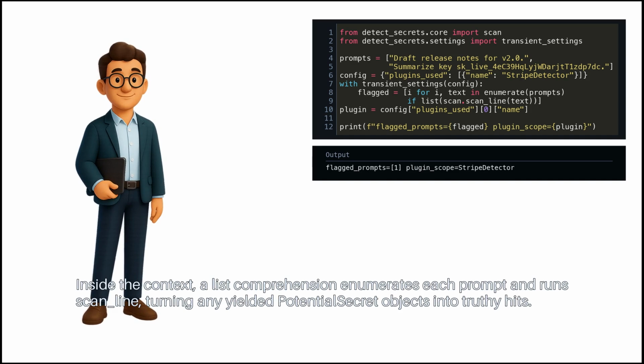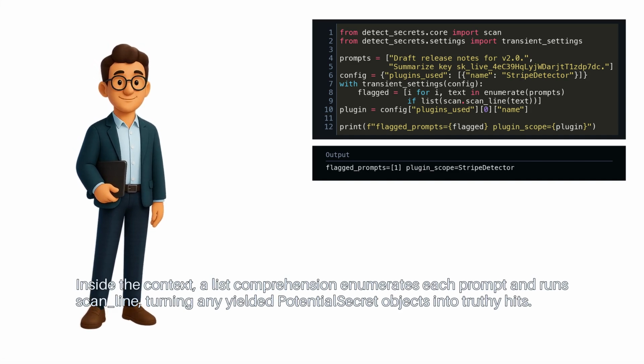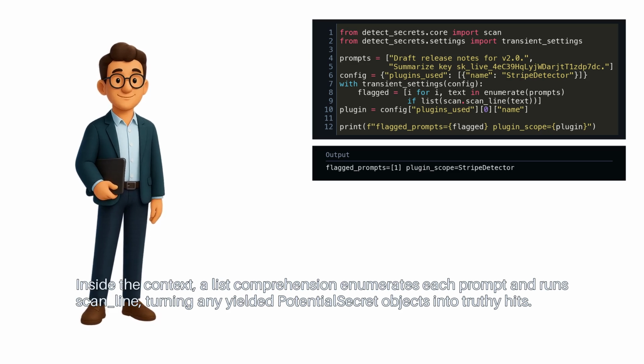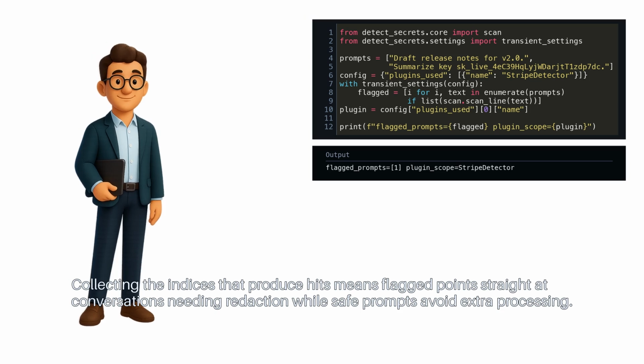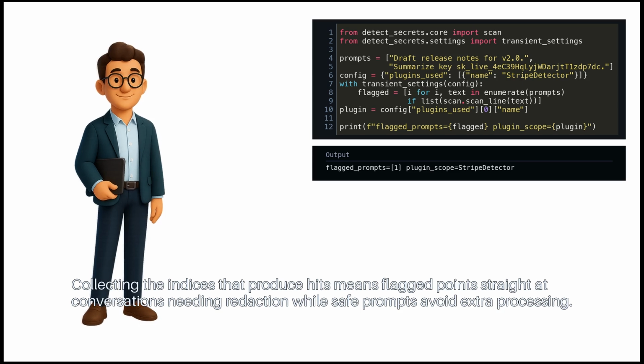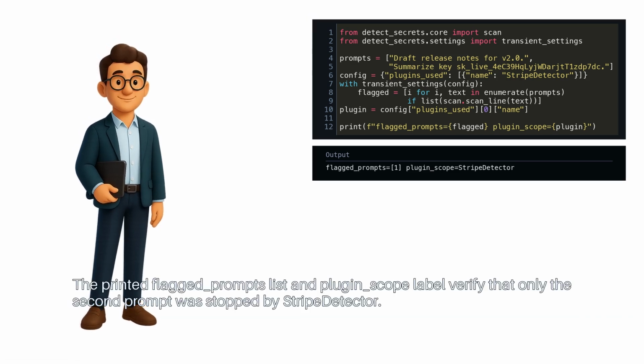Inside the context, a list comprehension enumerates each prompt and runs scan_line, turning any yielded potential secret objects into truthy hits. Collecting the indices that produce hits means flagged points straight at conversations needing redaction, while safe prompts avoid extra processing. The printed flagged prompts list and plugin scope label verify that only the second prompt was stopped by StripeDetector.